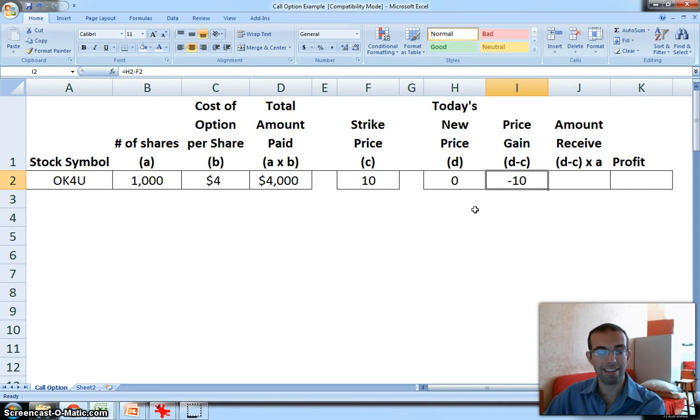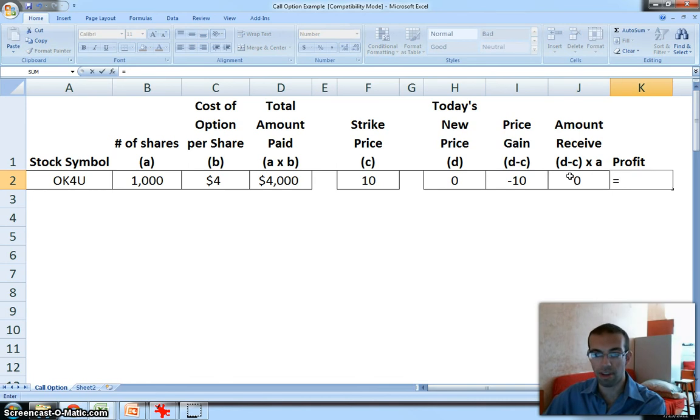So in this case, you would not exercise your option, because if you did, you'd be losing money. It wouldn't make sense to do that. This example shows how the most that you can lose when the stock's price went down is just the amount that you had paid for that option contract. So in this case, the amount you receive would be 0.